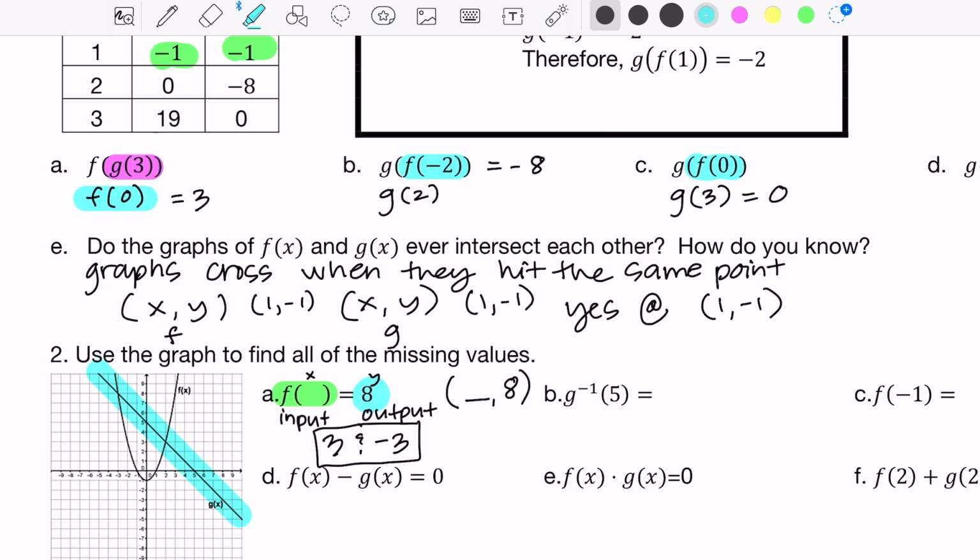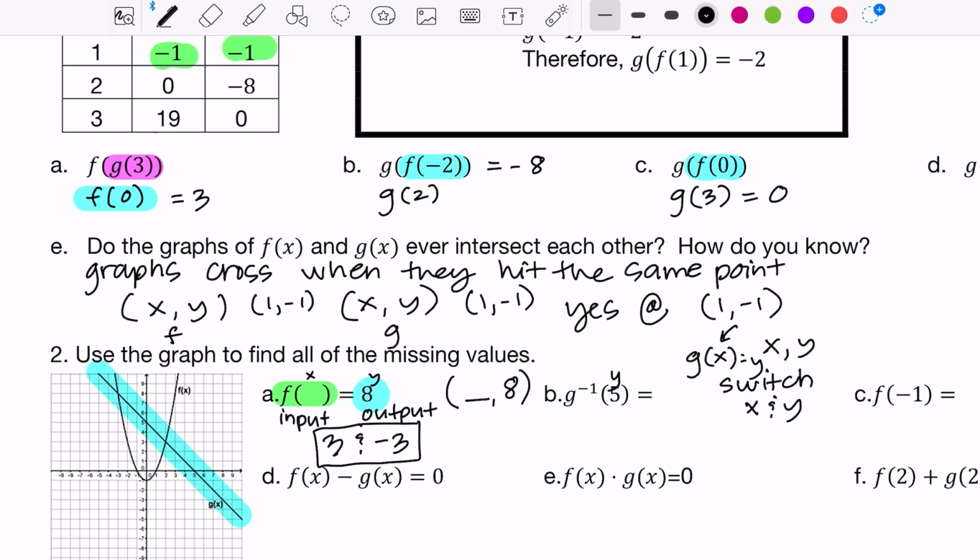So in the original graph for g of x, you would have the input being x and the output being y, yeah? But when you want to do the inverse, you switch x and y. So really what we're looking at is the y coordinate here for the g graph, because we're not looking at the original g, we're looking at the inverse g. So let's go to that g graph and figure out when the height is 5.